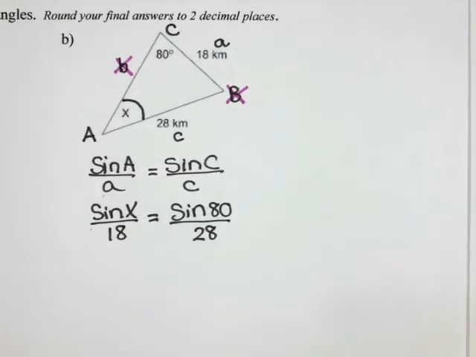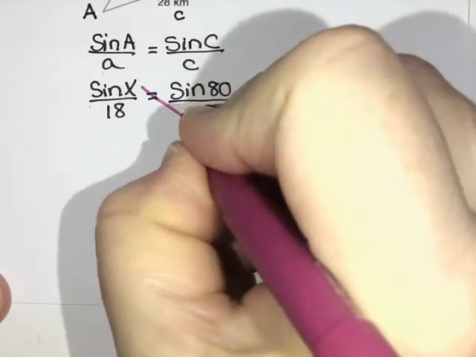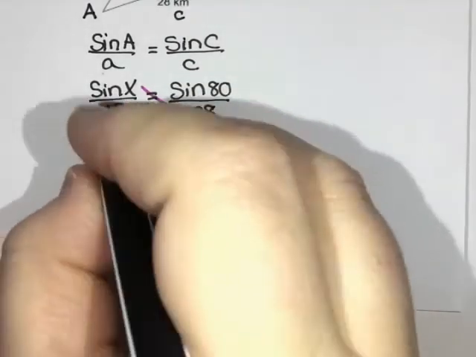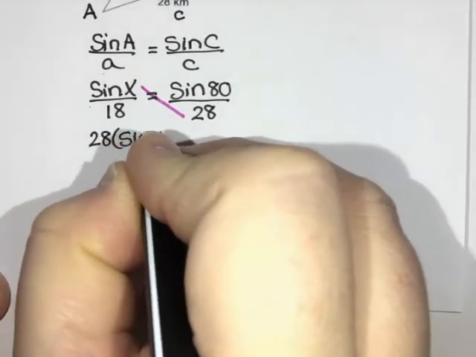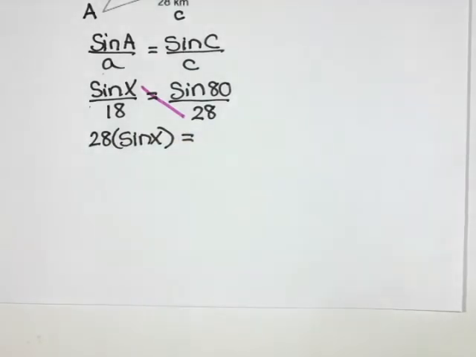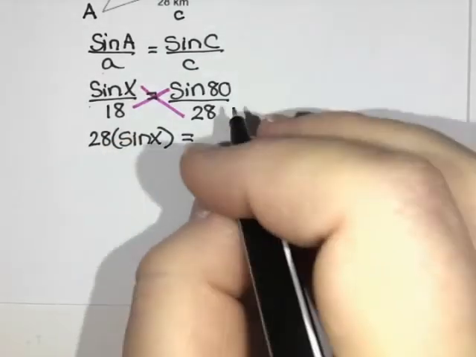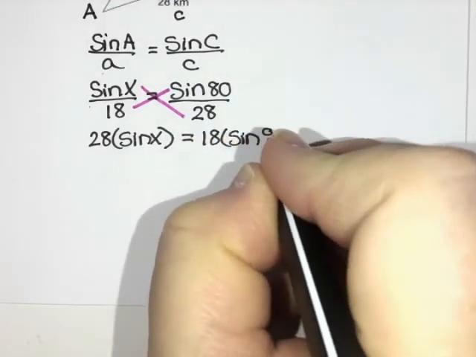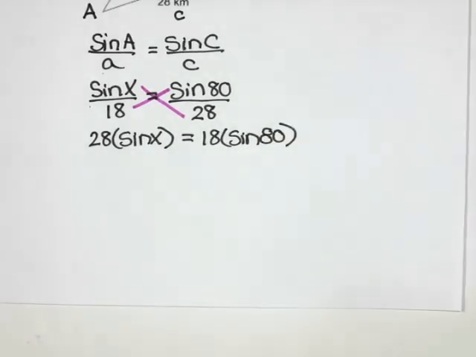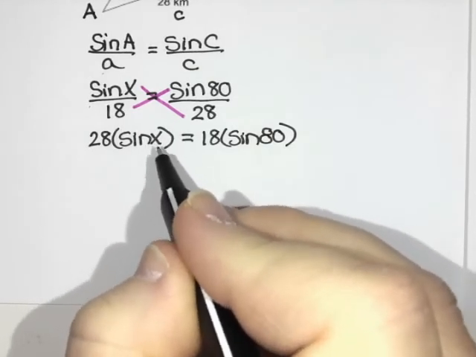From here, I'm going to cross multiply. So 28 times sine X equals 18 times sine of 80. Now, I do need to solve for X, which means I need to get X by itself.